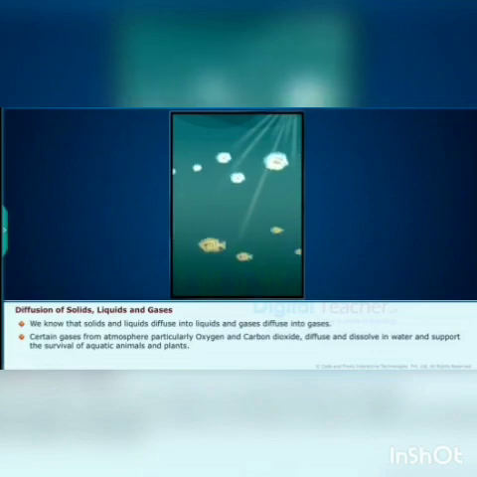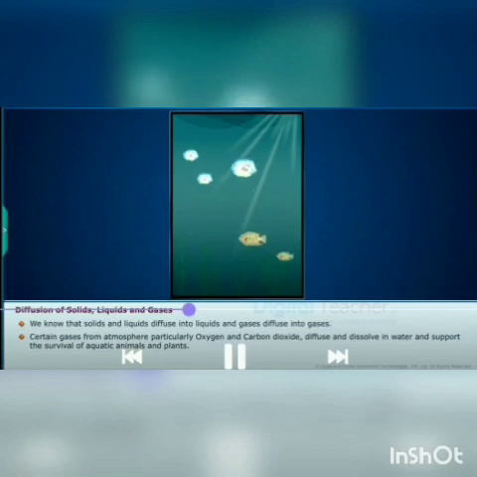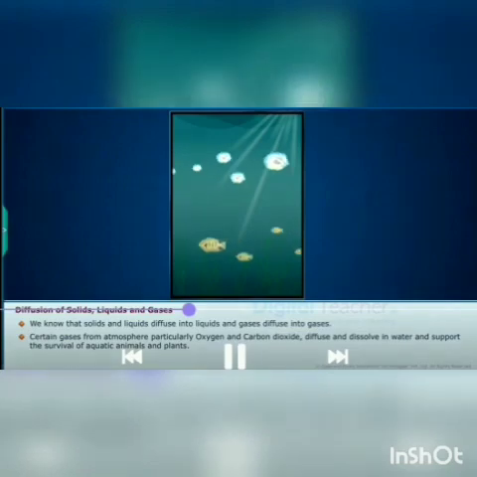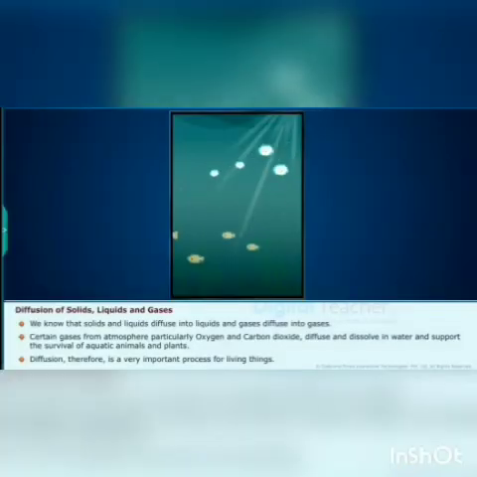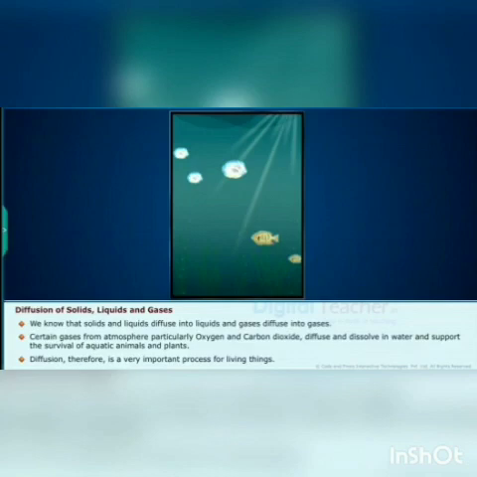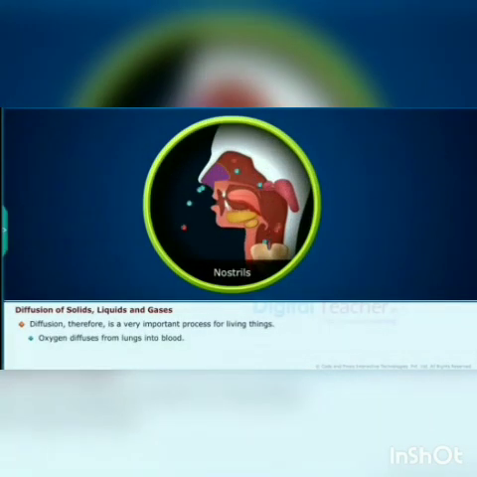Certain gases from the atmosphere, particularly oxygen and carbon dioxide, diffuse and dissolve in water and support the survival of the aquatic animals and plants. Diffusion, therefore, is a very important process for living things.